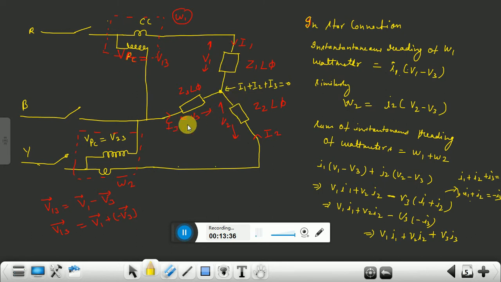The voltage across Z1 is V1, across Z3 is V3, and across Z2 is V2.